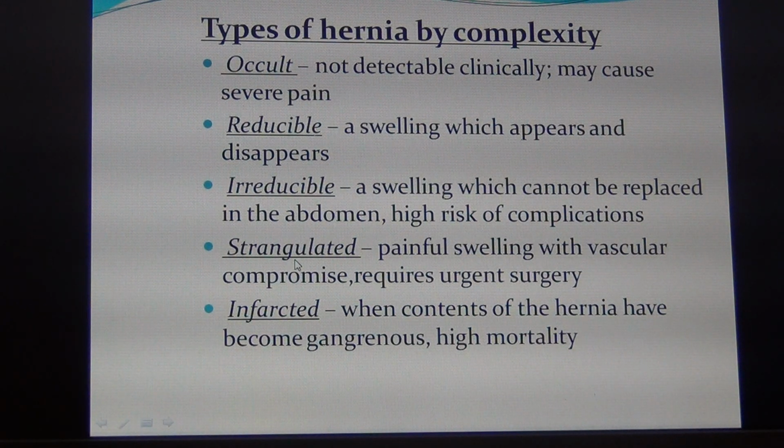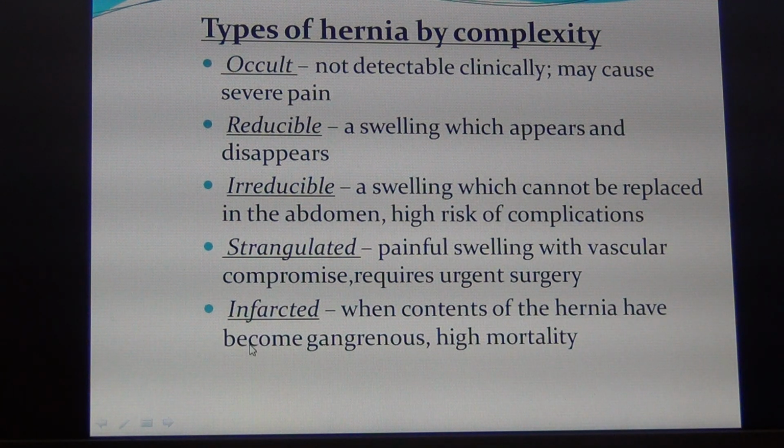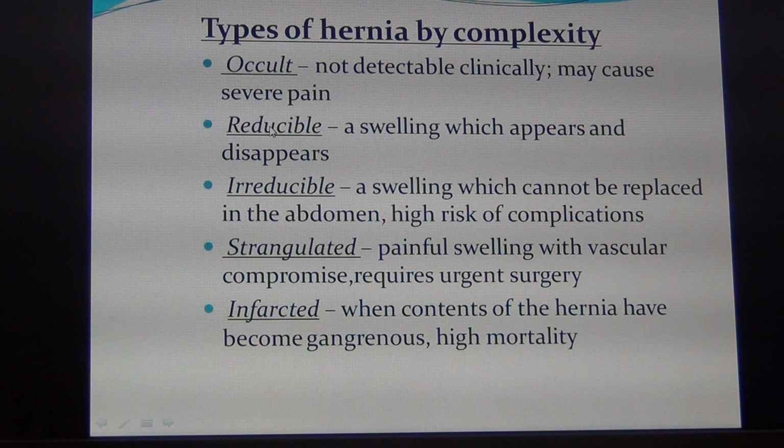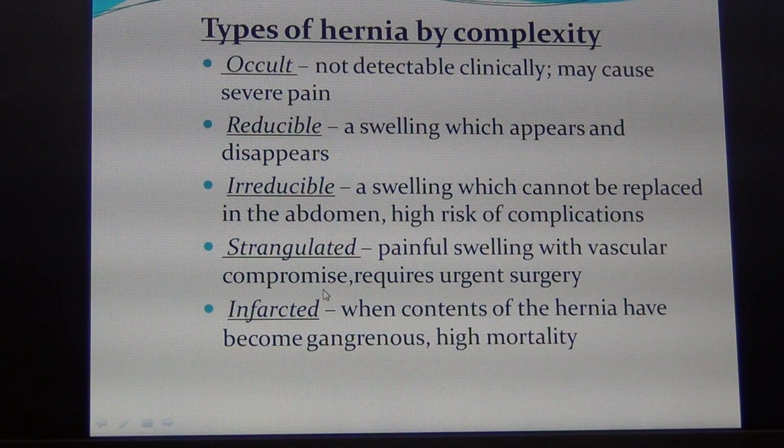It will lead to strangulation, and later on to infarction of the content, which may become gangrenous and has a high mortality rate. So every hernia will start as reducible, then it will become irreducible, then it will strangulate, then it will infarct, and lastly it will lead to gangrene of the contents.